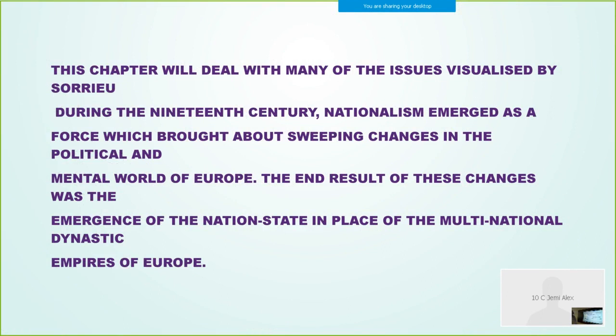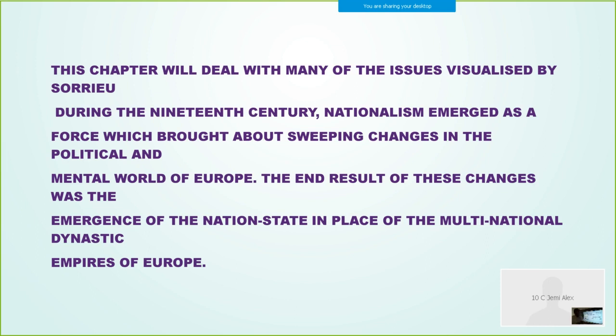So in this chapter, the name of the chapter being Nationalism in Europe, we are discussing the core issues visualized by Frederick Sorrieu. And in this chapter we are explaining that when the feeling of nationalism was created, it created wide changes in Europe.